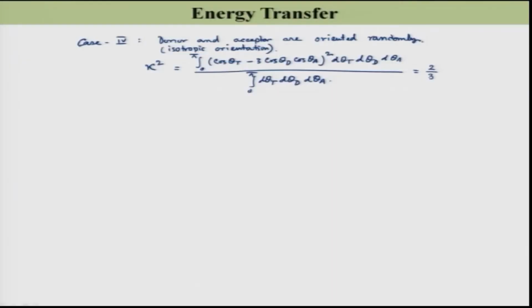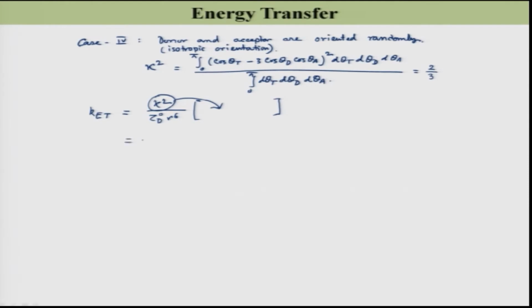Now, you remember our original equation, this k E T, I had written this as kappa square by tau d r to the power 6, then I said this is a constant, right. So, this should be tau d 0. Now, if I consider this random orientation of this donor and acceptor, then this quantity will also come inside this constant.